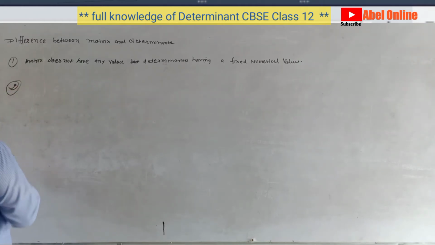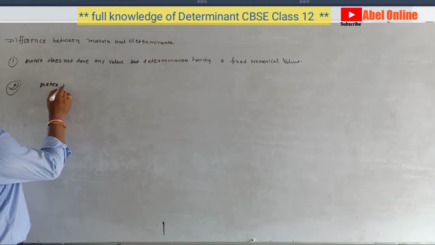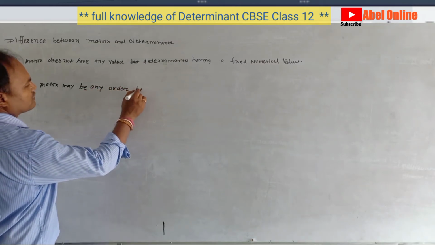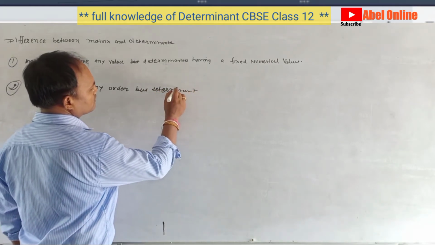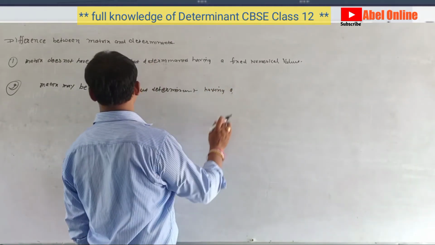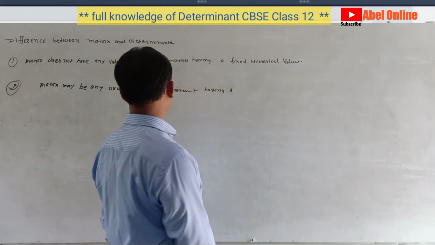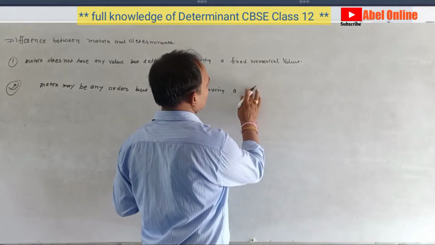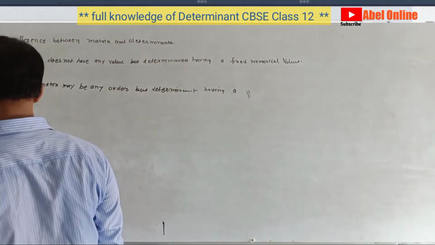What is the second rule? The second rule is that a matrix may be of any order, but a determinant is having a fixed order, 1 by 1, 2 by 2, or 3 by 3 order.